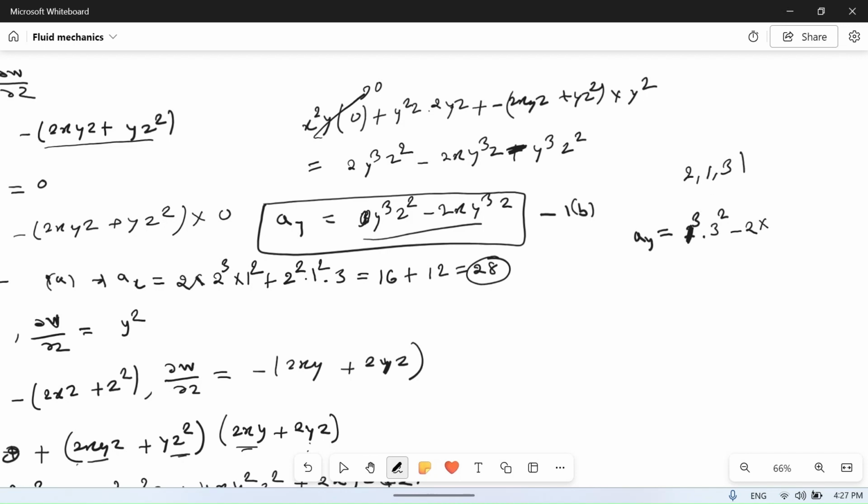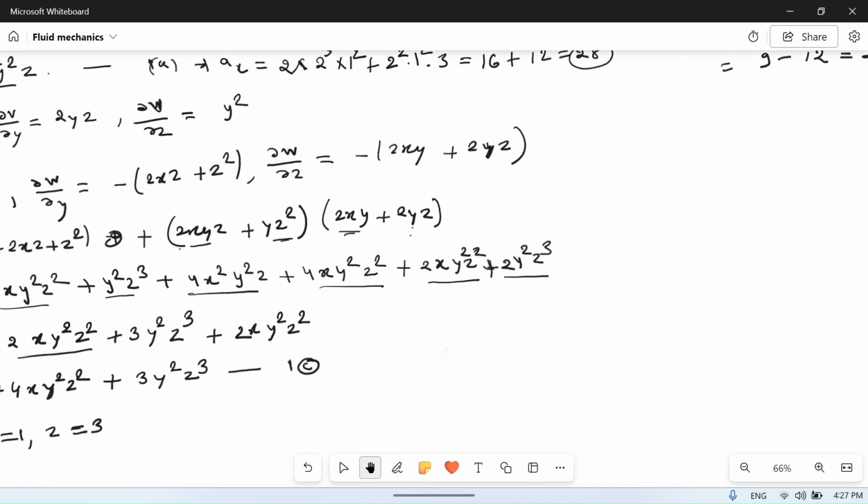So x is 2, y is 1, z is 3. So it will become 9 minus 12, so it will become minus 3. This is our ay.